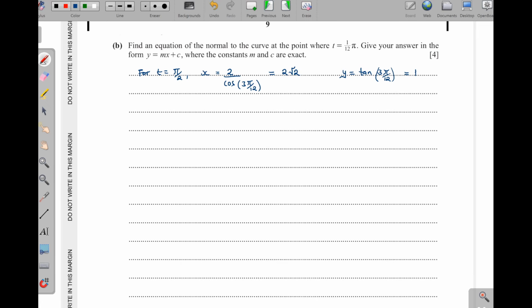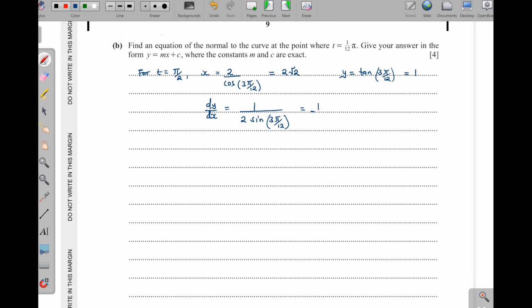Then from there, what will be the gradient? dy dx, the gradient of the tangent. Because remember, dy dx is the gradient of the tangent. So it is going to be 1 over 2, remember it is cosec 3t, which is 1 over sine. So it is sine of 3 pi over 12. Pardon me here. Sine of 45 is 1 over root 2.